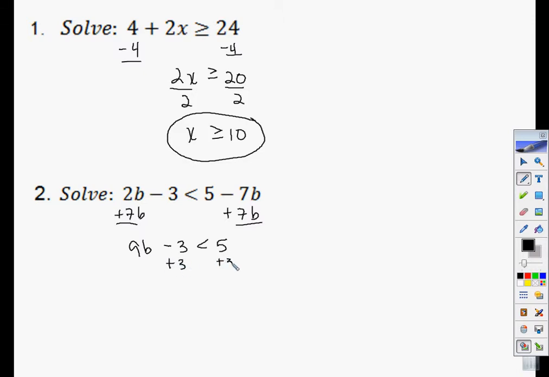Use opposite operations, remember? And that gives us 9b is less than 5 plus 3 is 8. And then to solve for b, we would need to divide both sides by 9. Remember, we're dividing by a positive number here, and that's okay. So the direction of our inequality sign stays the same. So b is less than 8/9 would be our final solution.